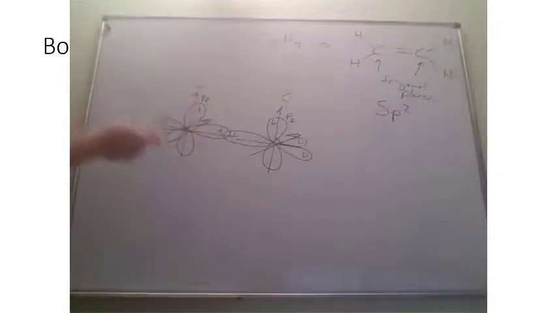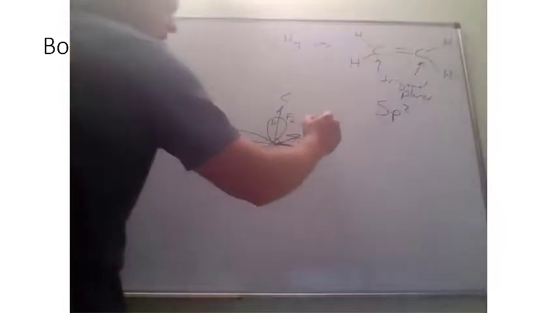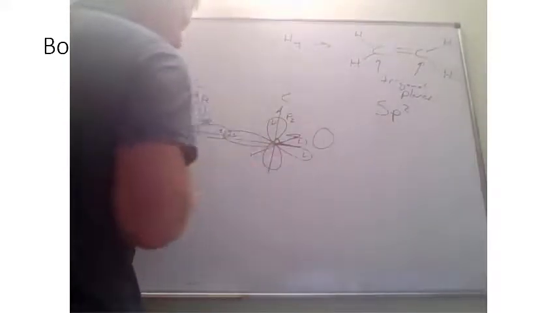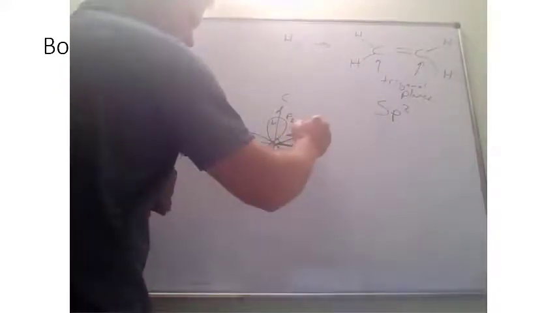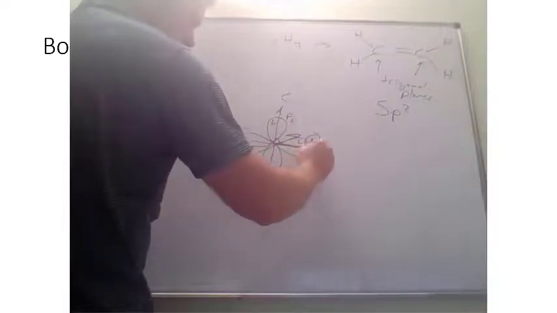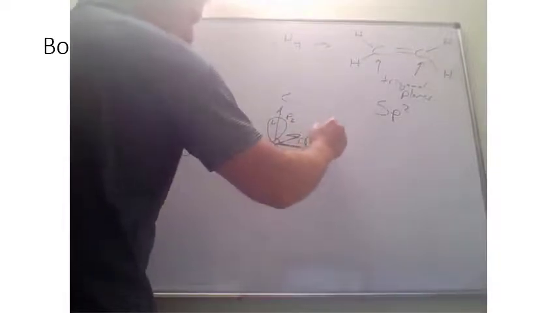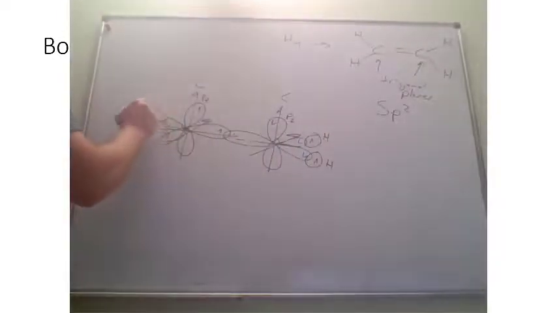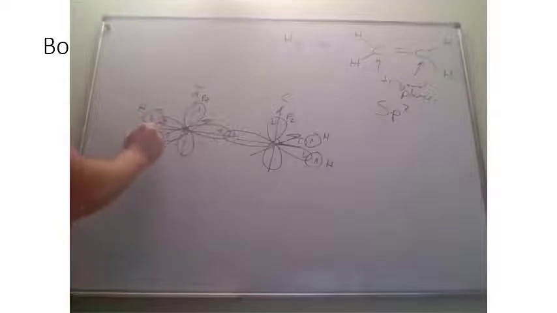And then we can bring in 2 separate hydrogen atoms, and those hydrogen atoms are going to be in s orbitals. So these are 2 hydrogens and 2 hydrogens here.